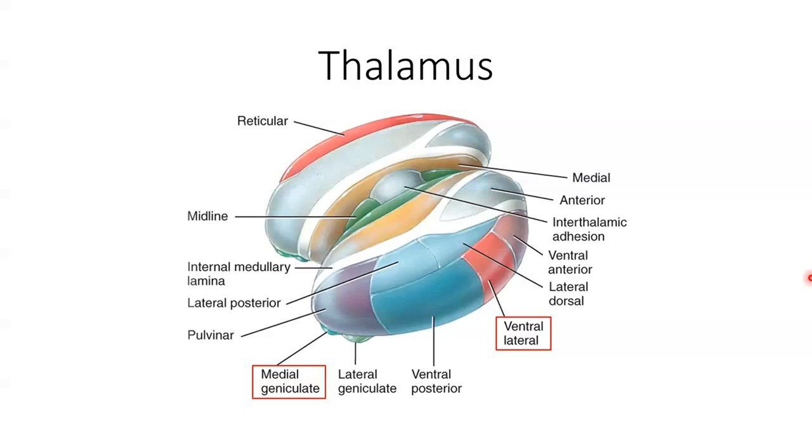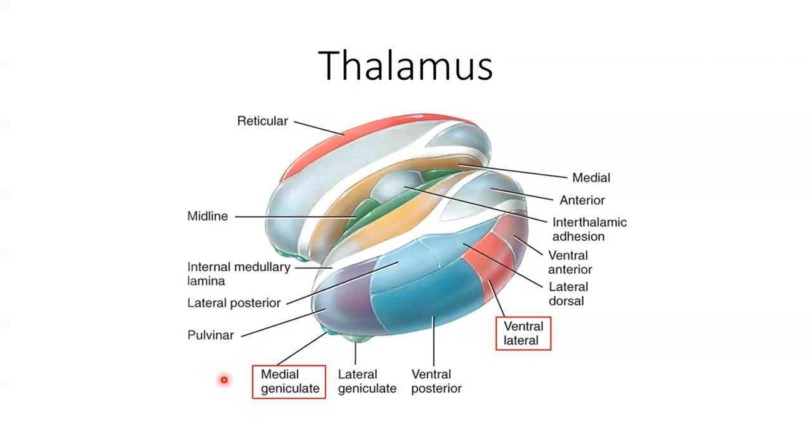Now, the thalamus is made up of several groups of nuclei on each side of the thalamus. So that's what each of these different colours is trying to represent. And they're grouped in clusters of neurons with similar positions on the thalamus and similar functions. So each group of nuclei will receive input and send output to similar areas or regions of the brain and transmit nerve impulses that have a similar function.